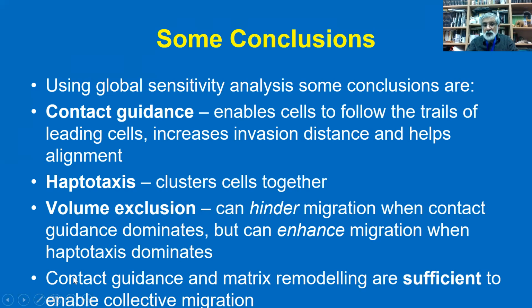What he's shown is that contact guidance and matrix remodeling are sufficient to enable collective migration. And this is something that our experimental colleagues are going to test in the near future, hopefully.